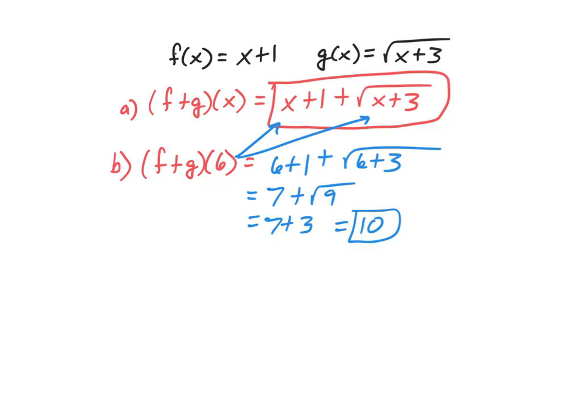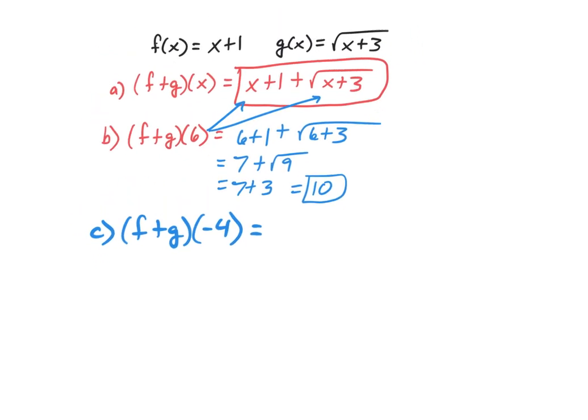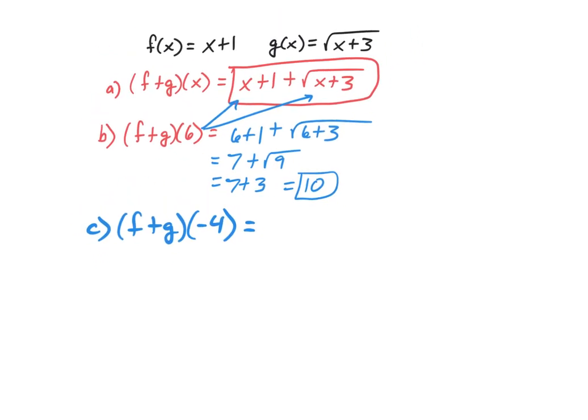Okay, another one here. Just some things to watch out for. Kind of like we did with part B. Instead of plugging in 6, now we're going to plug in -4. So we're going to put -4 wherever there is an x.